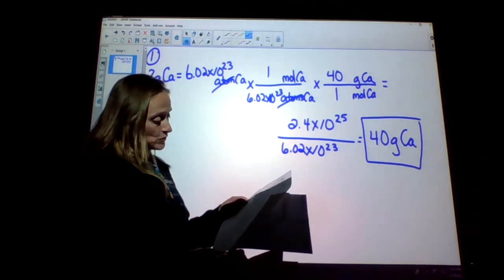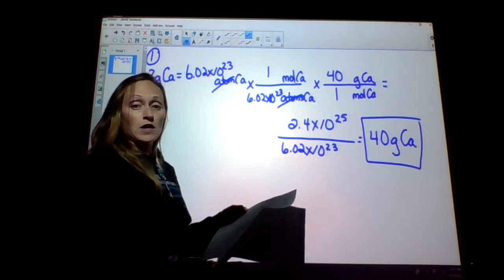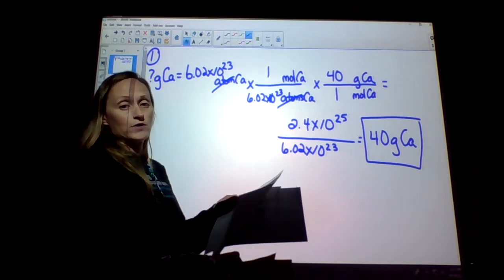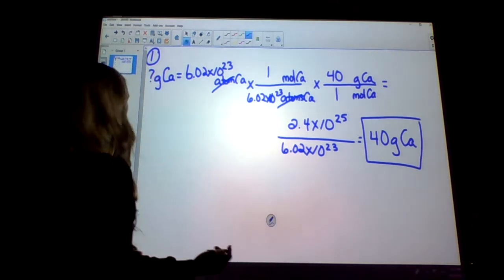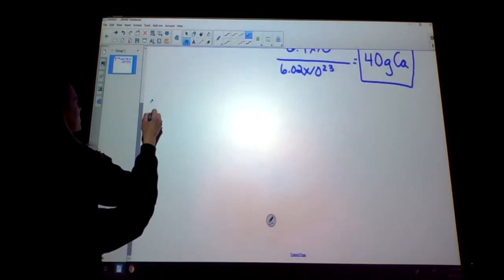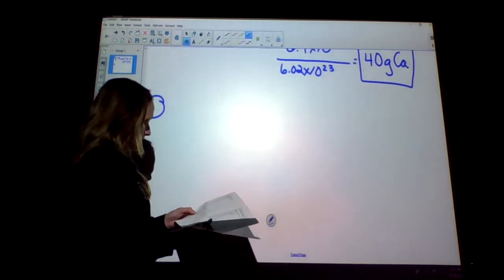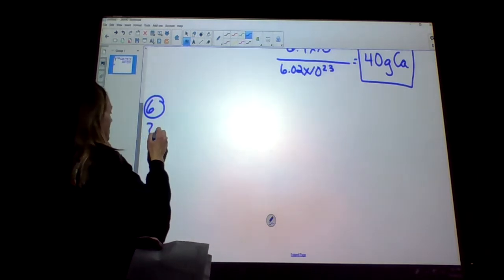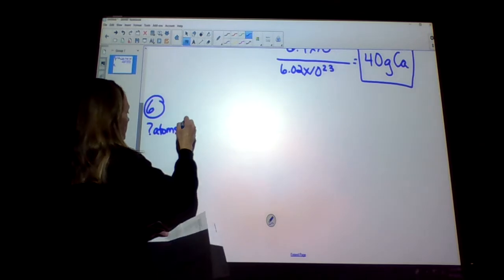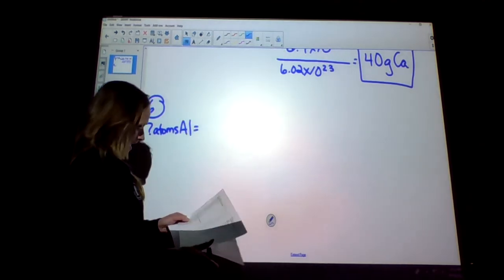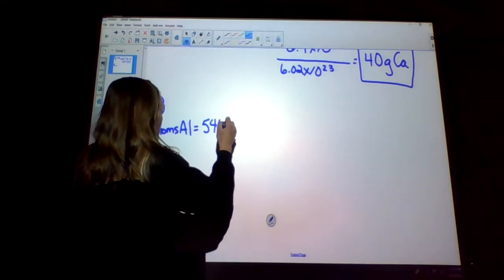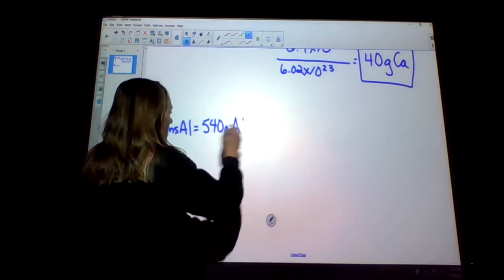So in number 6, we're given 540 grams of aluminum, and we want to convert this over to our number of particles or number of atoms. Okay, so we're going to put question mark atoms of aluminum, and we are given 540 grams of aluminum.